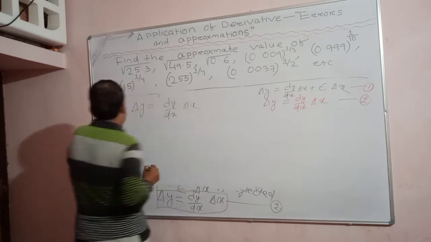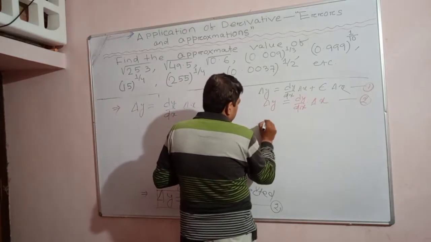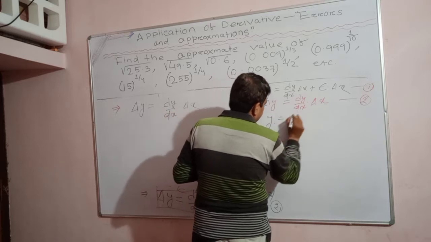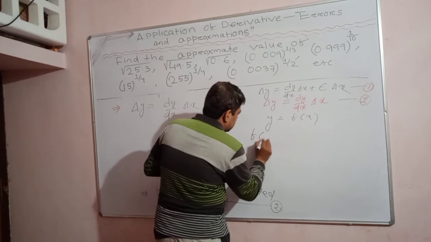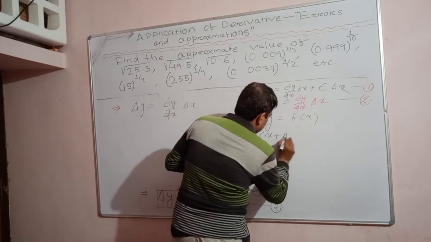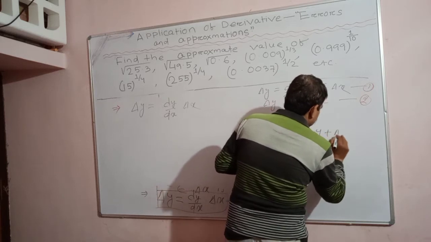Right. We know y is a function of f of x. If x changes to x plus del x, then y value also changes to y plus del y. There is a change in the value of y.